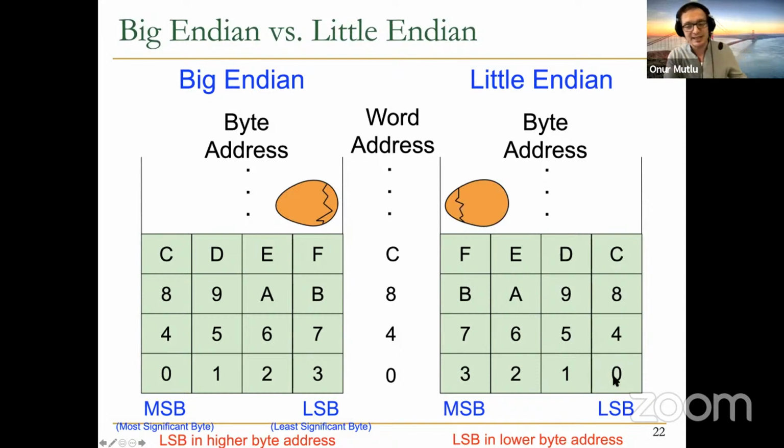Okay, and this is really what we're going to follow in our lectures, but you should really know the difference between big endian and little endian. It's just a matter of convention of which byte address the least significant byte of a word is stored. If it's at the lower or little address, then it's little endian. If it's at the higher or big address, it's big endian.